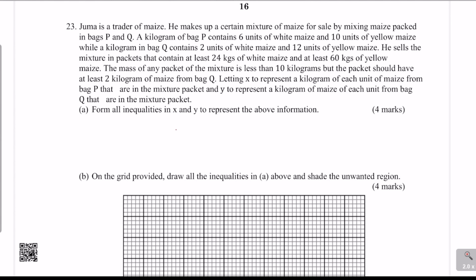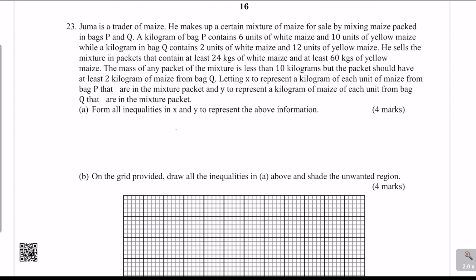Juma is a trader of maize. He makes up a certain mixture of maize for sale by mixing maize packed in bags P and Q. A kilogram of bag P contains 6 units of white maize and 10 units of yellow maize, while a kilogram in bag Q contains 2 units of white maize and 12 units of yellow maize. He sells a mixture in packets that contain at least 24 kilograms of white maize and at least 60 kilograms of yellow maize.